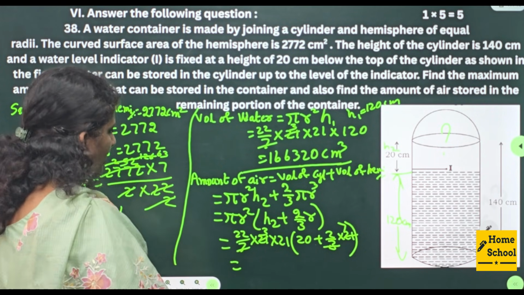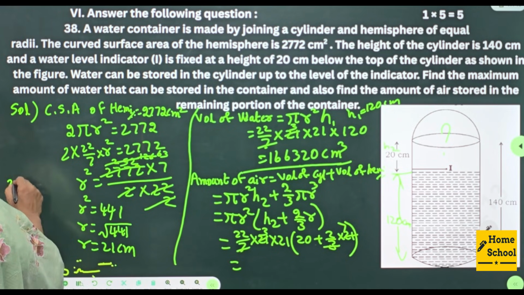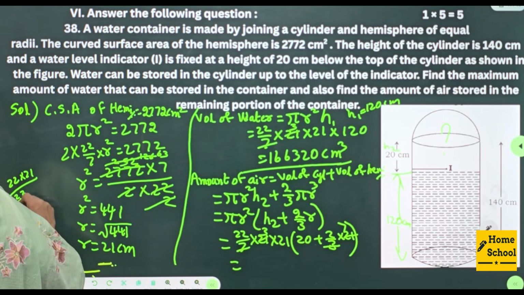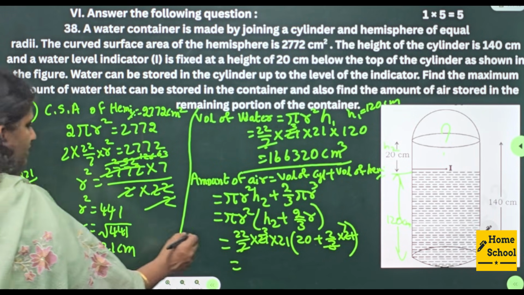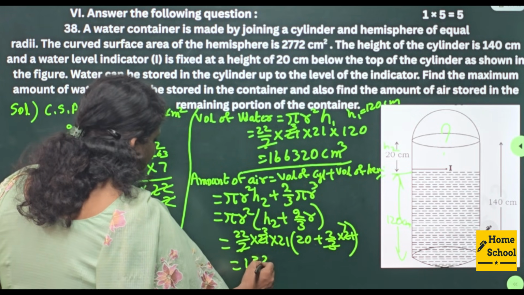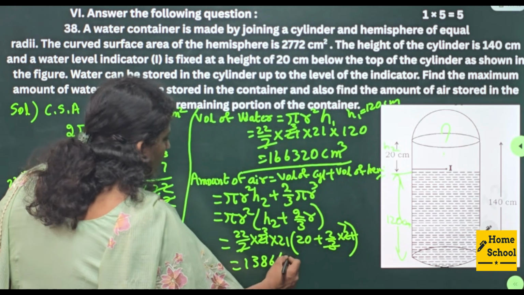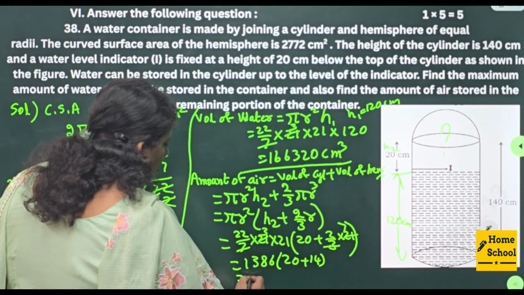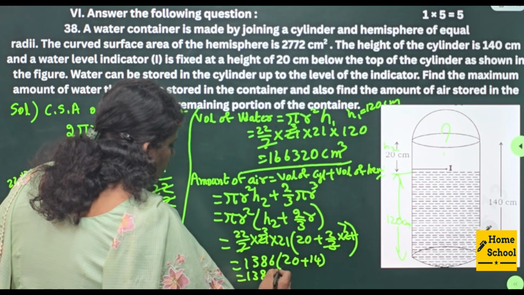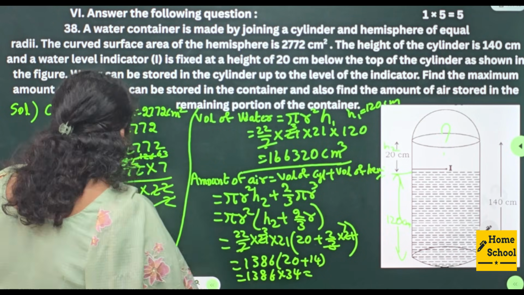You can directly multiply. 22 into 21 is 462. 462 you multiply 3. 3 twos are 6. 1386 into 20 plus 7 twos are 14. That is 1386 into 34 is your answer.